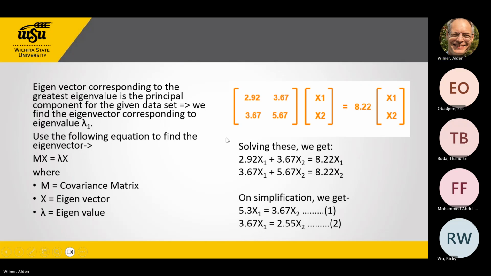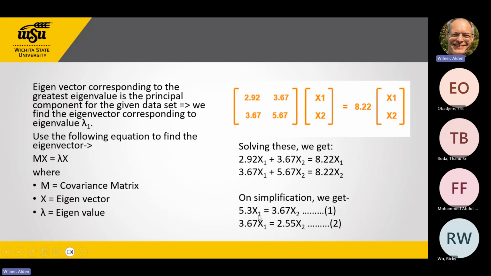So we solve these two equations. 2.92 x1 plus 3.67 x2 is equal to 8.22 x1. 3.67 x1 plus 5.67 x2 is equal to 8.22 x2, right? We're using the covariance matrix times the eigenvector equals the eigenvalue times the eigenvector, which is the equation we're looking for.